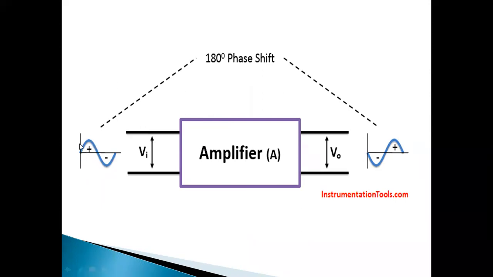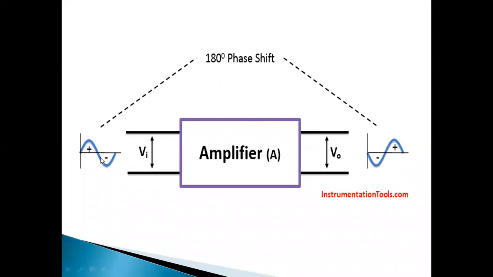Here we are applying a positive going sine wave. Whenever we apply the positive going sine wave to the inverting amplifier, the output of the inverting amplifier becomes like this. The output waveform starts from the negative side, that is a negative going signal.